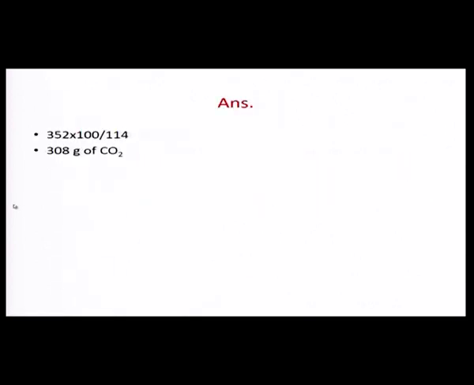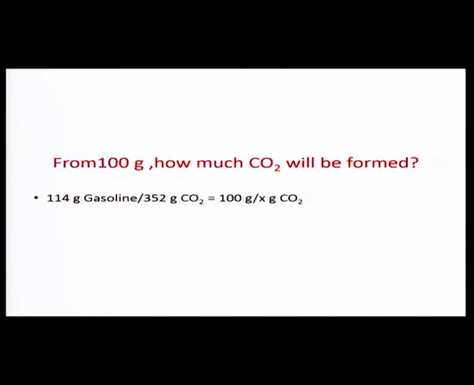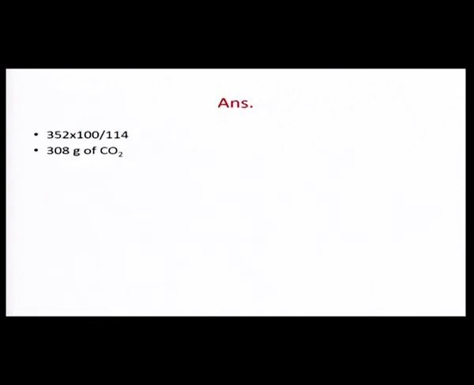Actually 100 gram will liberate 308 gram of carbon dioxide, whereas 114 gram will liberate 352 gram as per the previous one. So based on these stoichiometric equations, we can calculate the carbon dioxide liberated into the atmosphere or the oxygen required.